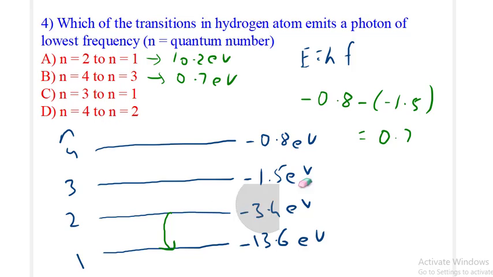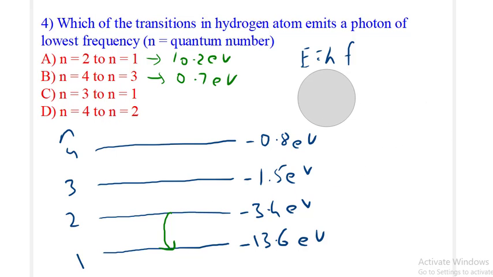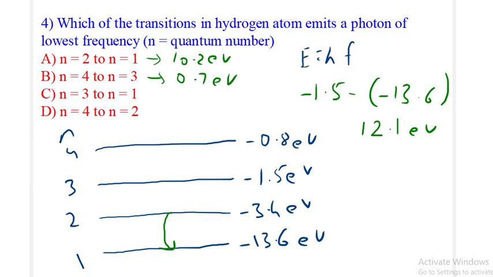Next from 3 to 1. The energy of the third orbital is minus 1.5, minus of minus 13.6, the energy of the first one. So this comes out to be 12.1 electron volt.